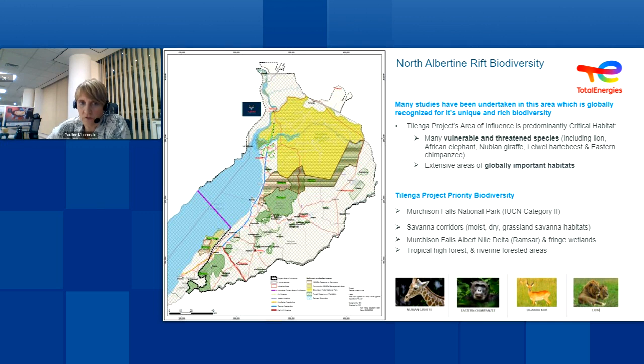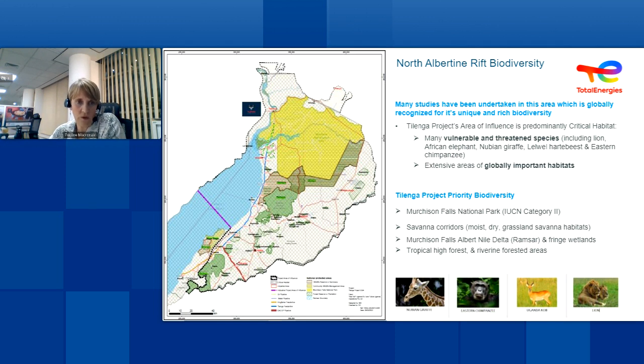So in terms of the biodiversity of the North Albertine Rift, when we were looking at defining the criteria and triggers for the BAP, in our case, it was really a case of looking at the study area. The North Albertine Rift has been studied extensively by different agencies, and it's globally recognized for its unique and rich biodiversity. So our area of influence is predominantly considered to be critical habitat. There's over 39 protected areas.